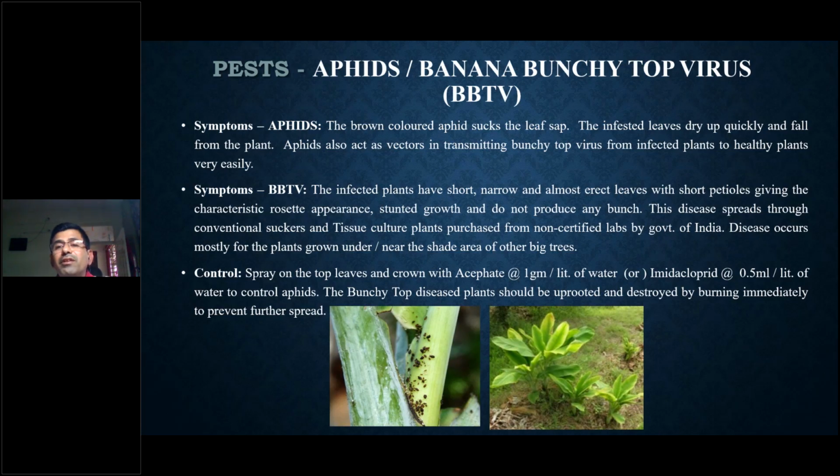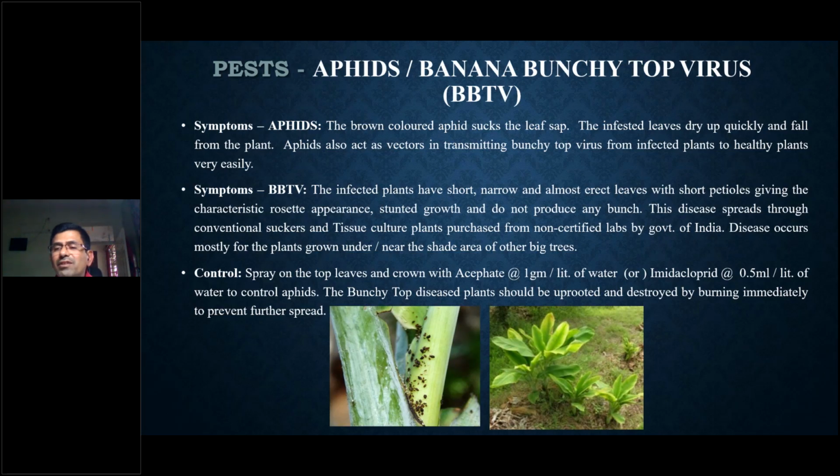It's called DBT, non-certified labs by Government of India. So many farmers are buying plants from labs not certified by the Department of Biotechnology, Government of India, because they are given at a lesser cost, 1 or 2 rupees. Those labs sell to the farmers at a lesser cost.